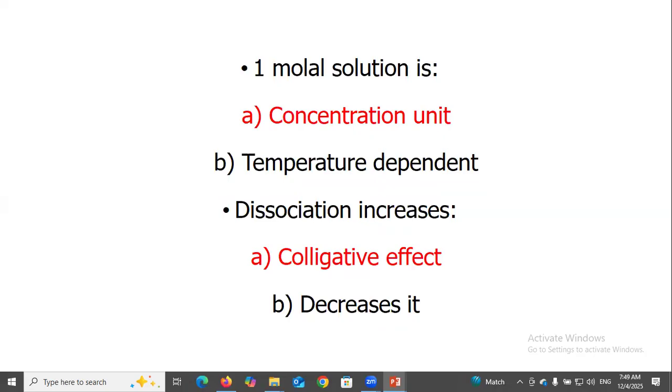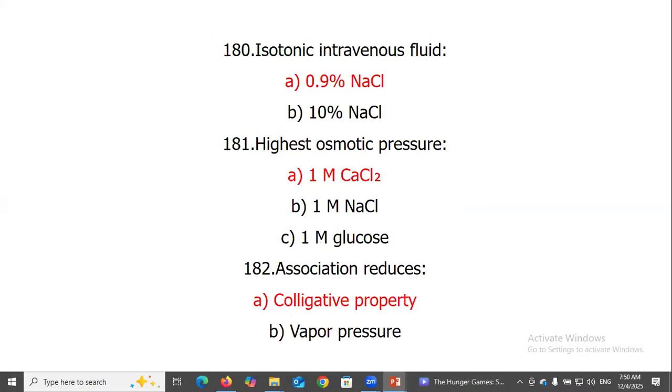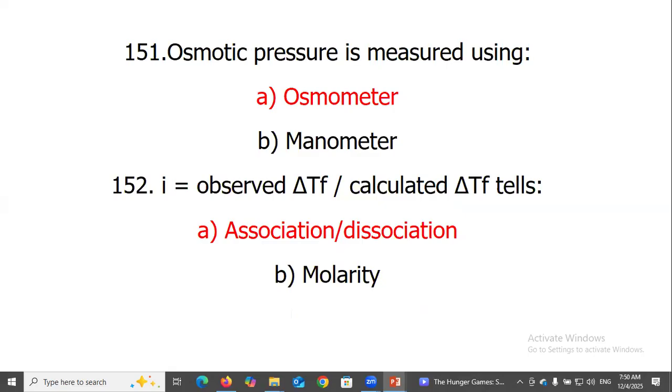Dissociation increases colligative effect. Vapor pressure of a solution is always lower. An example of a non-electrolyte is glucose. Isotonic intravenous fluid is 0.9% sodium chloride. Highest osmotic pressure is for calcium chloride. Association reduces colligative property.